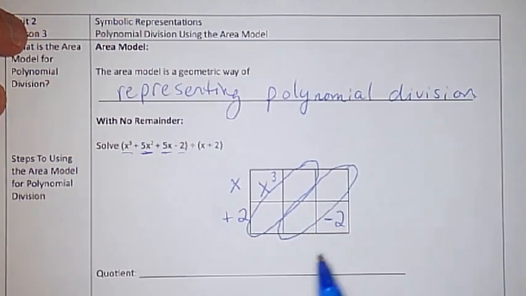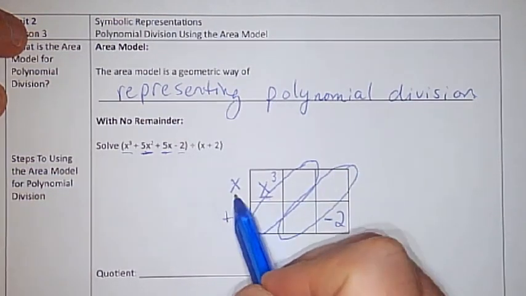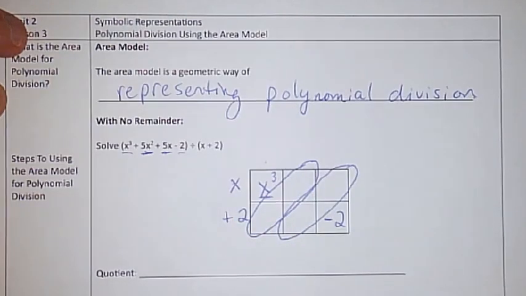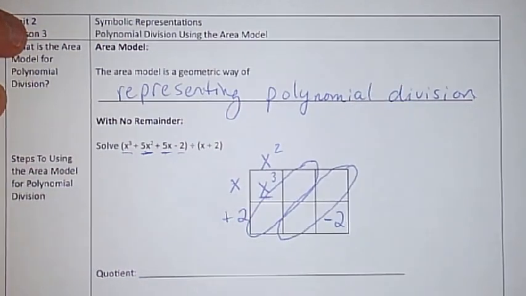So the very first thing I'm going to say is this x cubed term is the product of x and something. Well, I know that x times x squared will give me x cubed, so I'm going to write my x squared there.